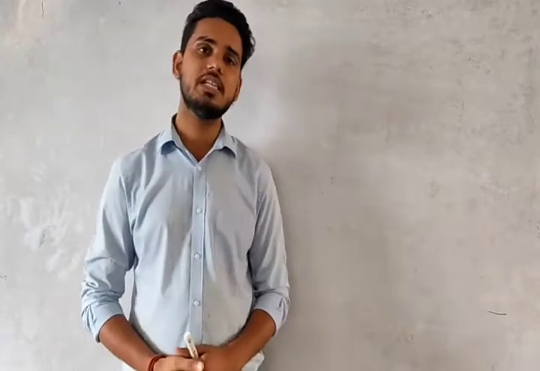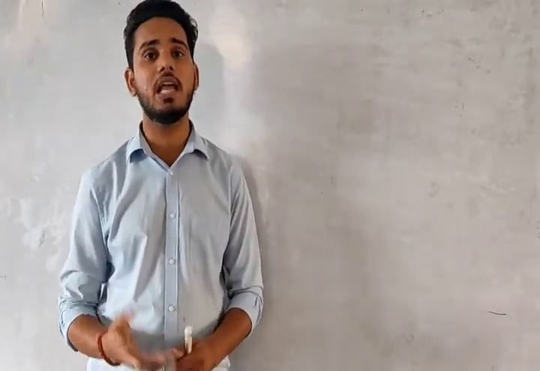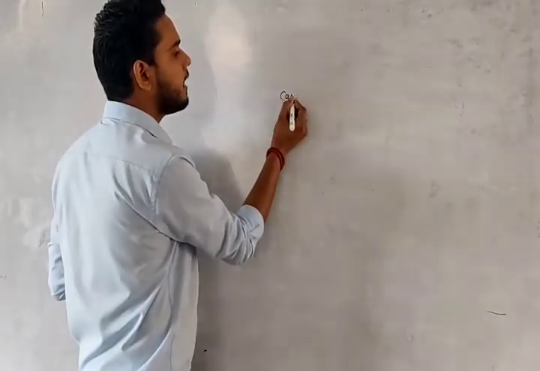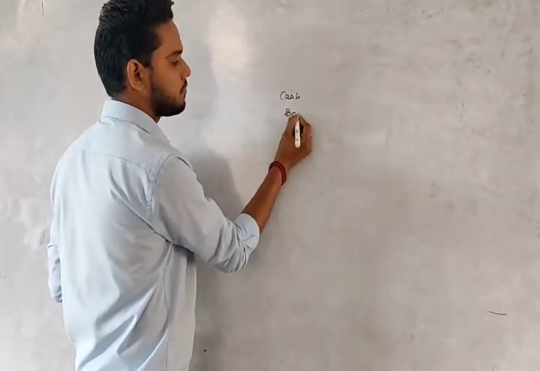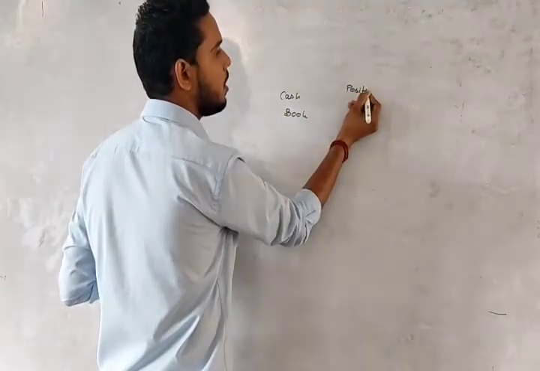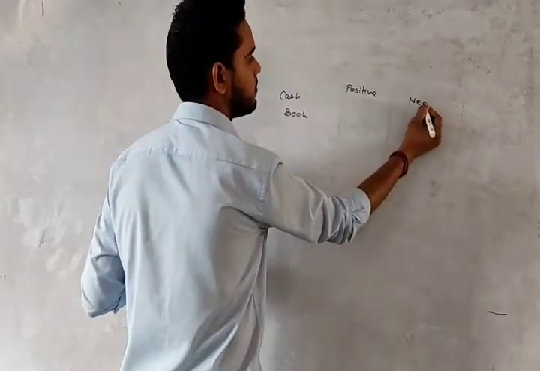Now, before understanding how we can prepare that bank reconciliation statement, firstly we need to understand what those differences can be, what are the types of differences. But before that, let's see one more thing. In our cash book bank column, there can be either a positive balance or a negative balance.